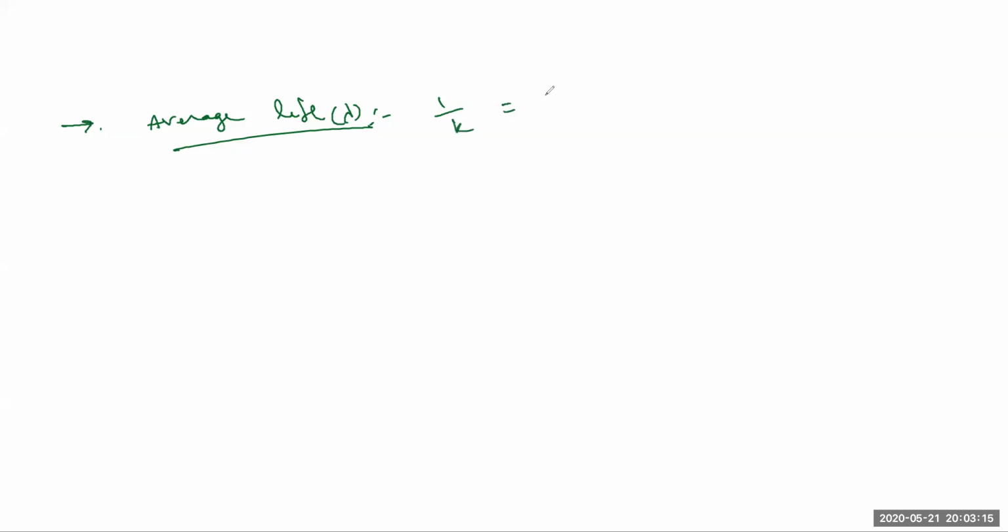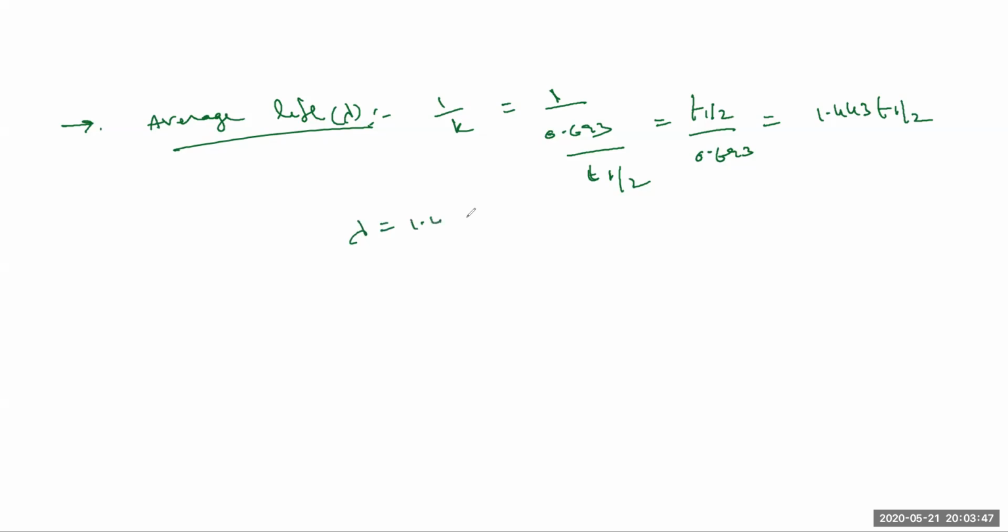What is k for half-life? 1 by k means 1 divided by 0.693 divided by t half, so that implies t half divided by 0.693, or that is 1.443 into t half. It is the average life, and lambda is equal to 1.443 T half. Take this point.